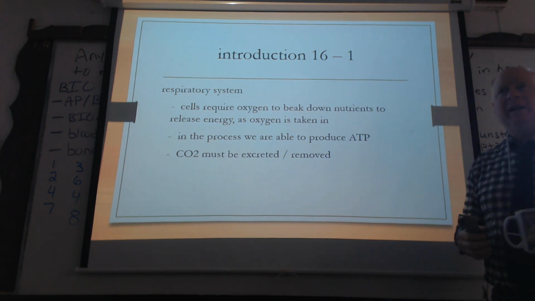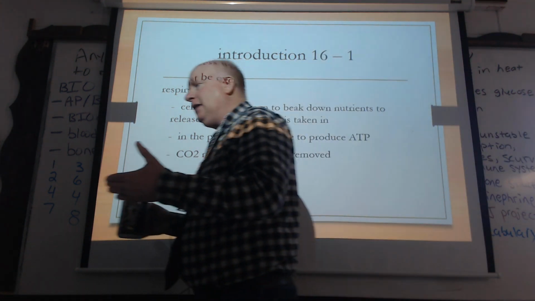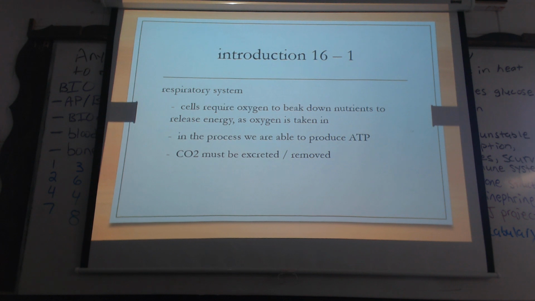Accepted values of how much ATP you're going to produce might not be the same from one periodic table to another. Yes, so if you don't have enough oxygen, you can still produce energy through glycolysis. You can, it's just not very efficient.